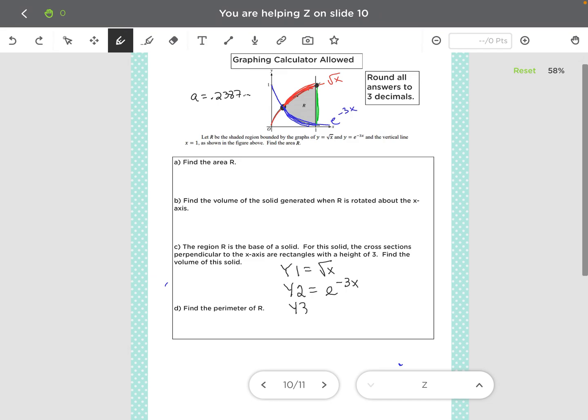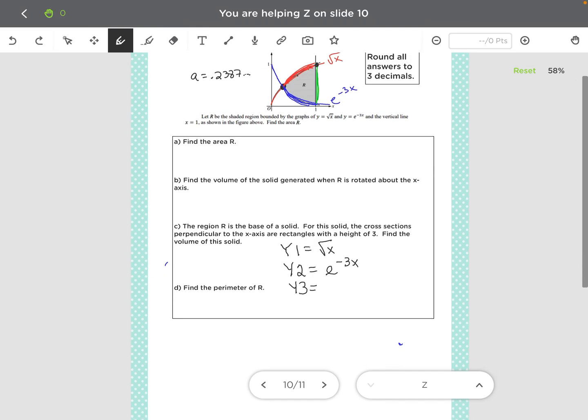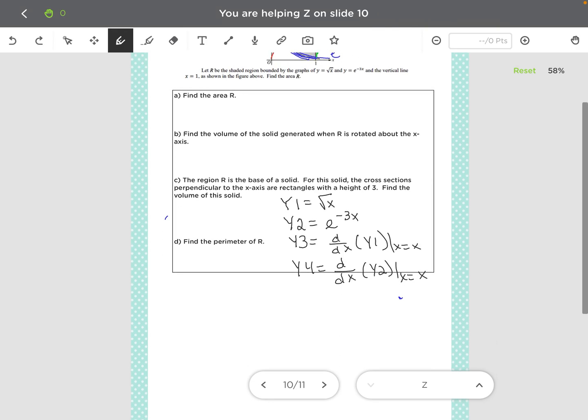So on your calculator screen in y3, have the calculator come up with the derivative of whatever is in y1. And then in y4, have the calculator come up with the derivative of e to the negative 3x. So anytime you reference y3 and y4, it will have these derivative equations stored.